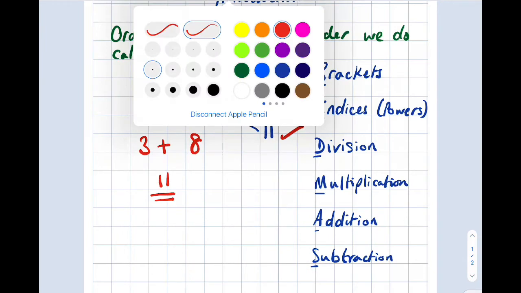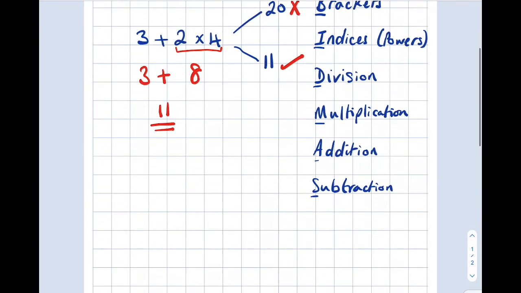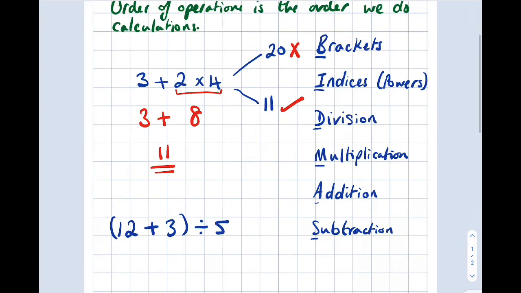Okay, so in the same way, let's just have a look at the next example. What if I've got 12 plus 3, but this one's in brackets this time, and we're going to divide it by 5. So going back to our original list of the order of operations, what do we do first? Check, are there any brackets?